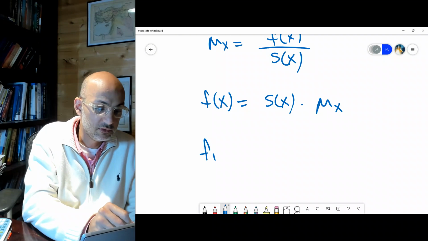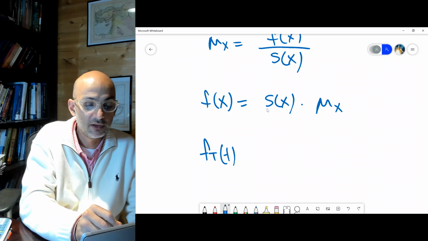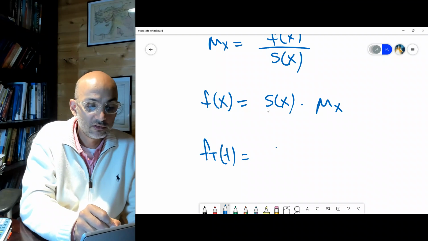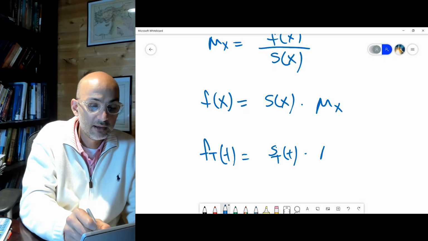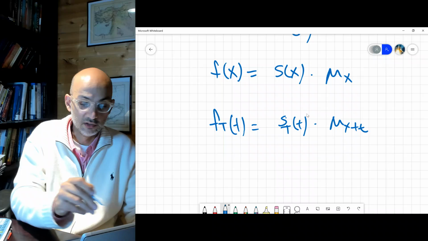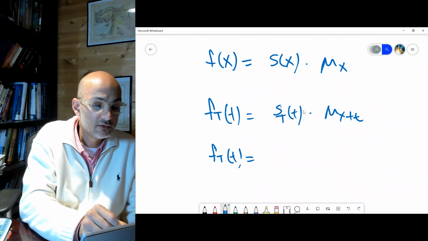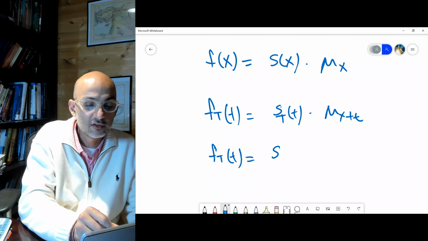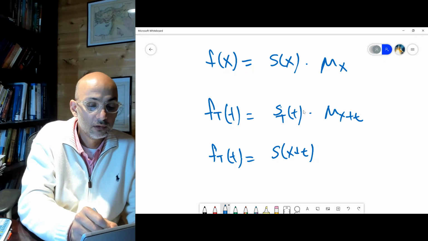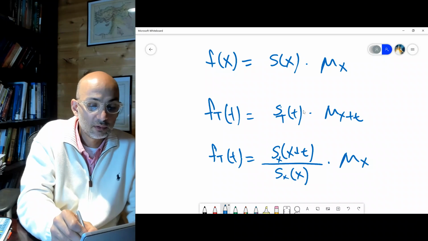For f of t, the remaining lifetime, instead of S of x it becomes S of t, multiplied by mu of x plus t. And this S of t, we know it's S of x plus t divided by S of x, multiplied by mu of x plus t.